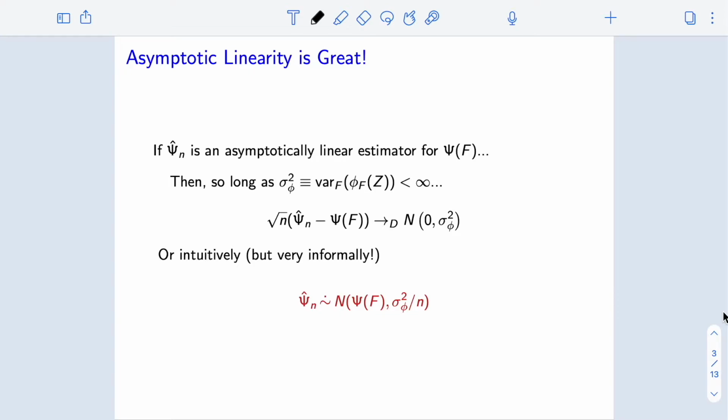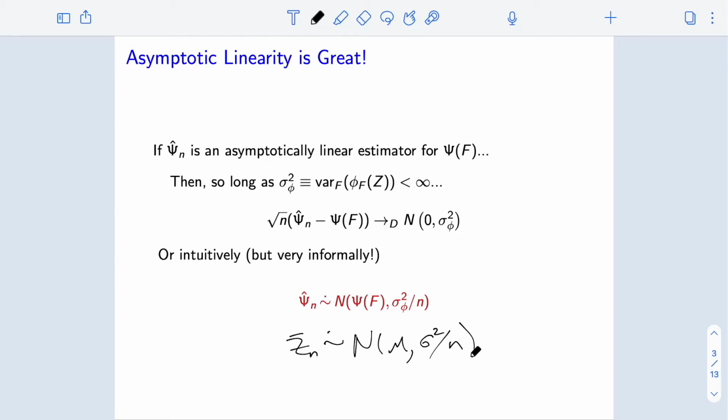We're now going to try to use this for constructing confidence intervals. And just recall when this was a sample mean used for estimating a population mean, we had something like this, and we were able to use this to construct confidence intervals quite easily.